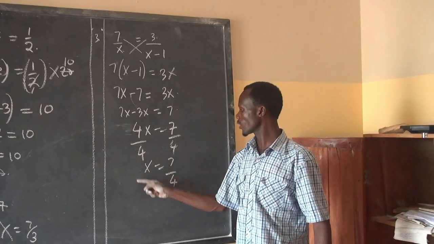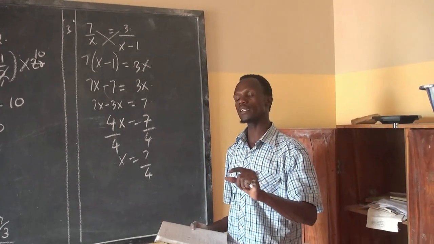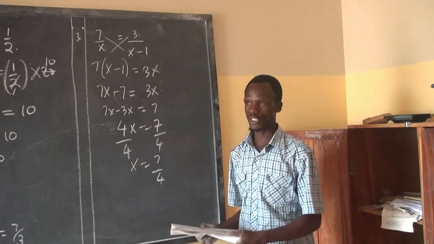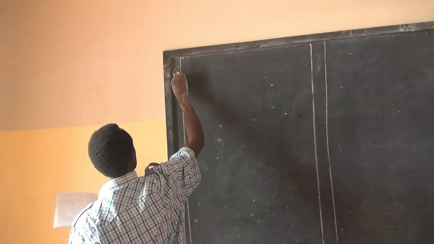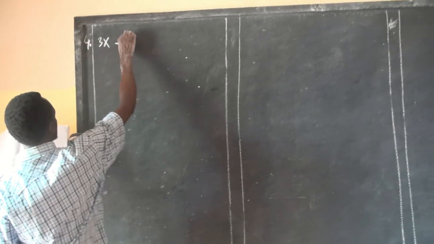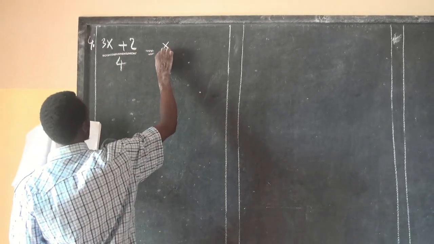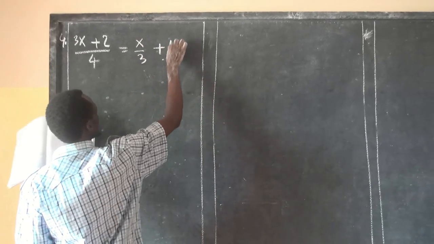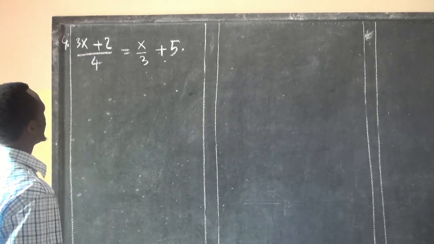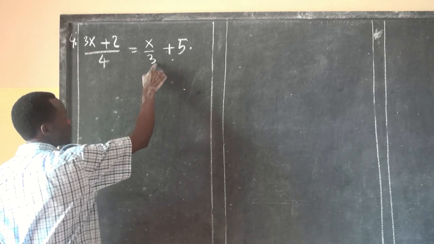Or even if you have the value of x, like in all, you find the LCM of the denominator so as you can get the equations with no fractions. Are you together? Example number 4. We have 3x plus 2 over 4 is equal to x over 3 plus 5. Now, the LCM of the denominators, we have 4 and 3.